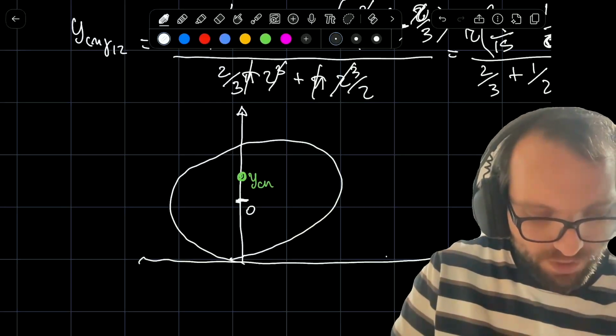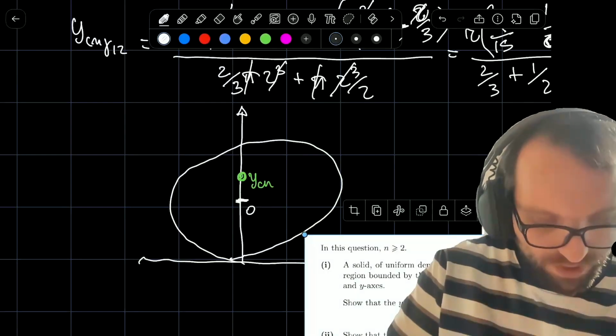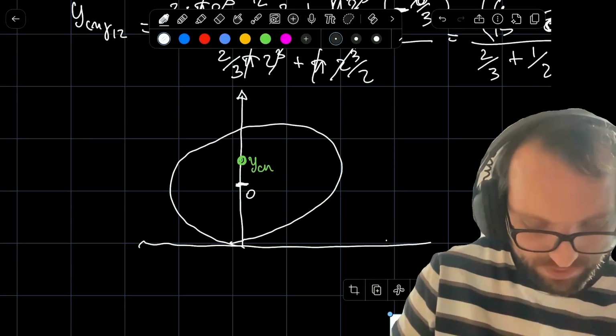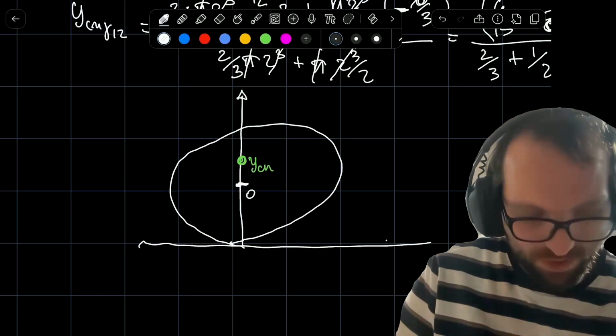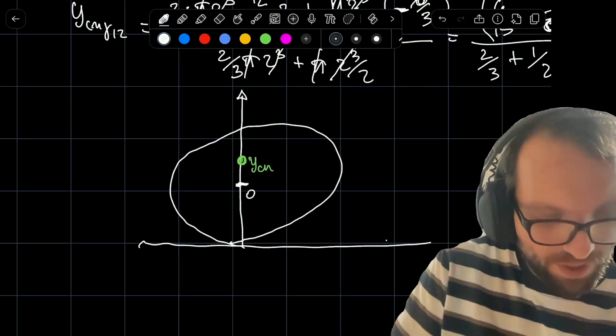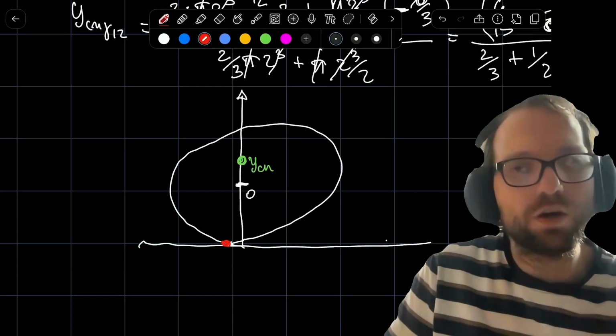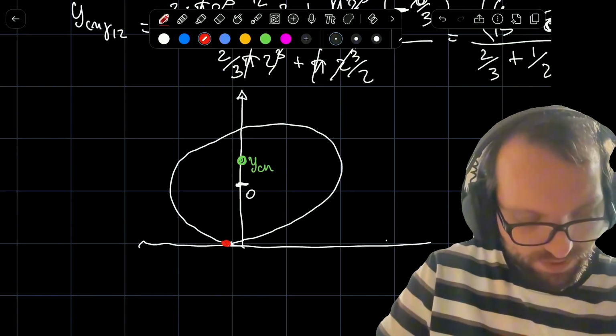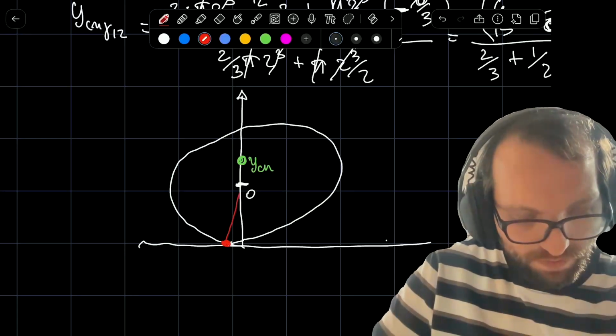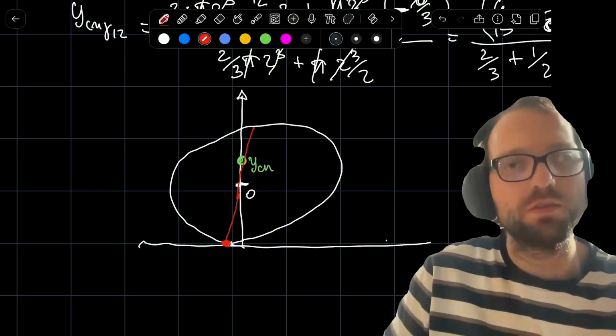The object is in equilibrium if the normal, okay, from the contact point passes through the center of mass.